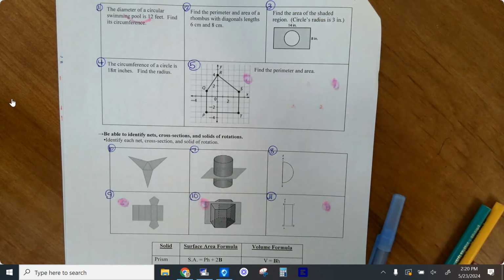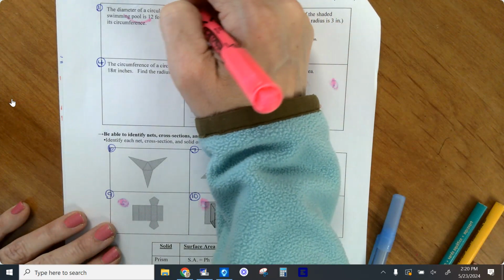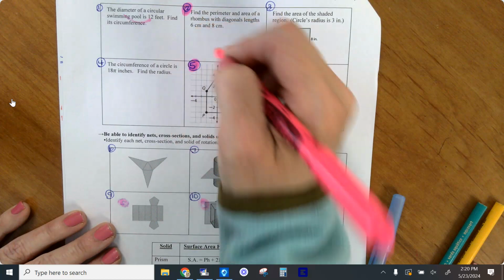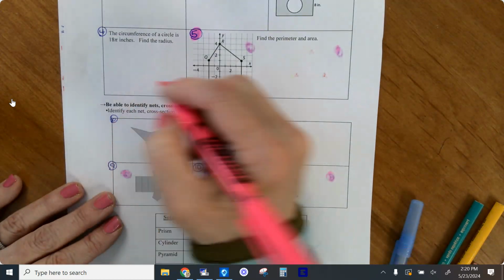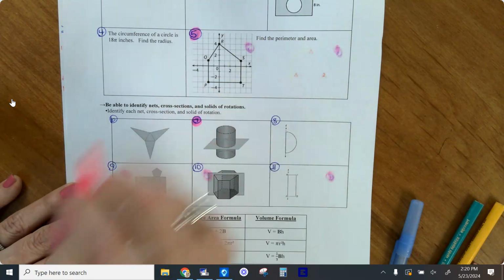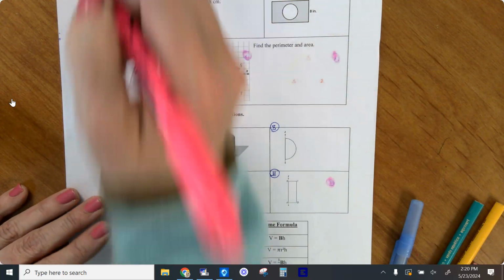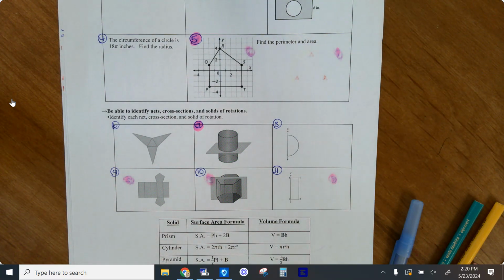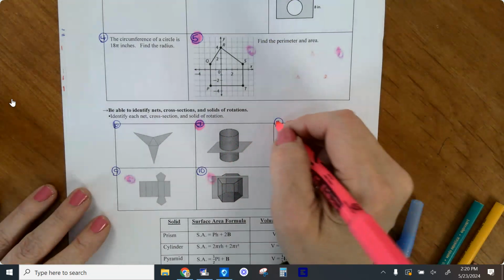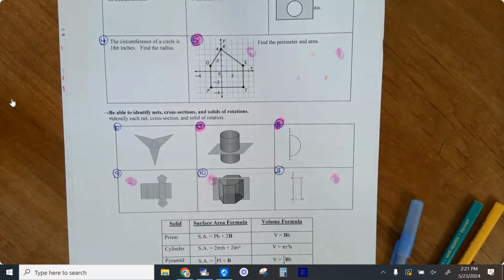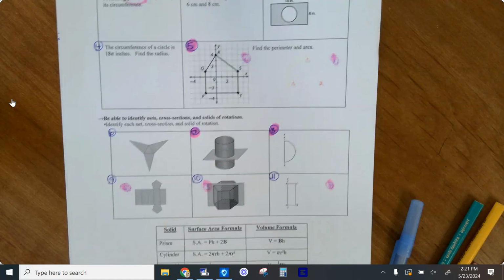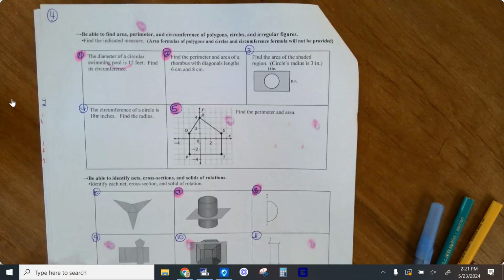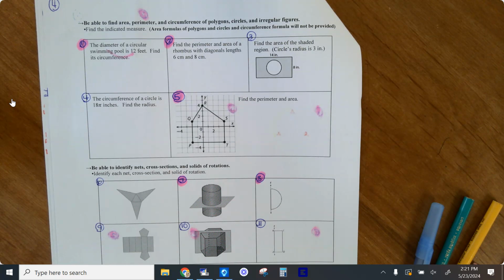We want to do 2. We want to do 5. 7. 1. 8. You want to just start there and then see if you need more? Okay.